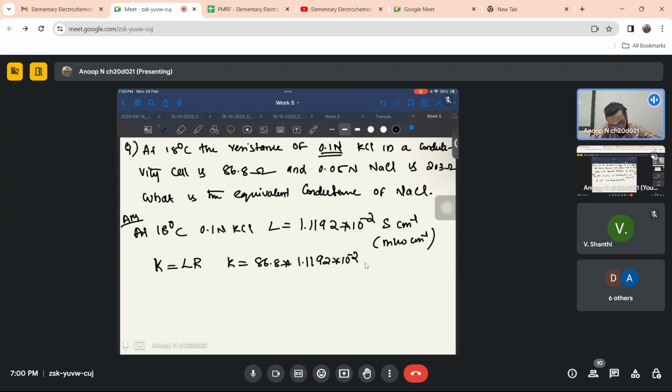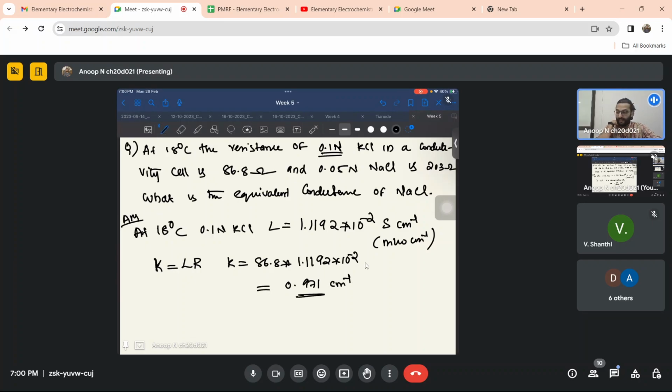What will be the value of cell constant? It is 0.971 centimeter raised to minus 1.